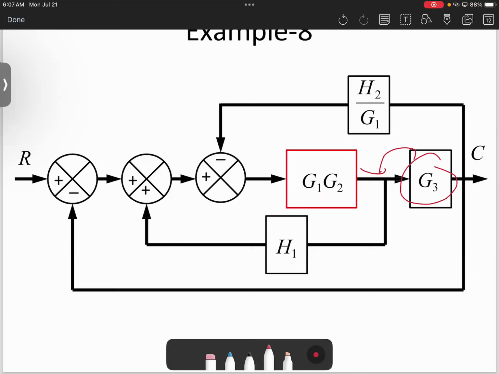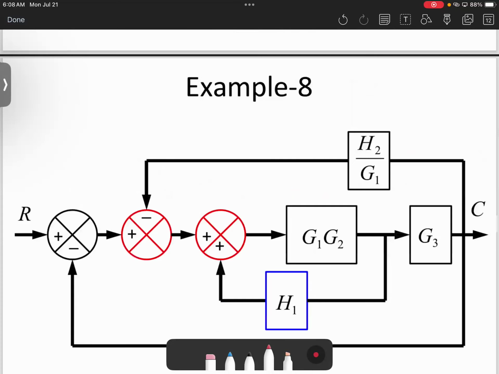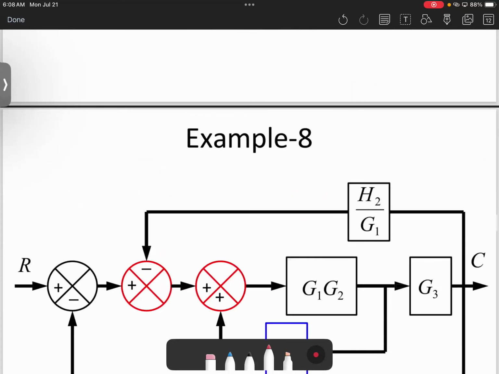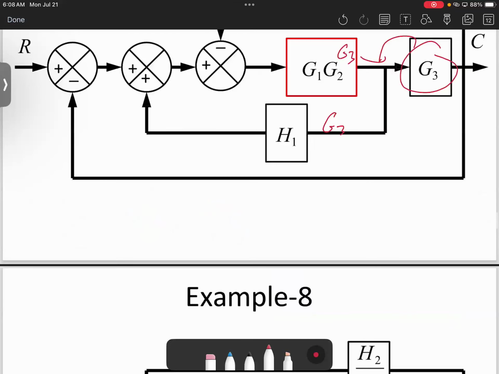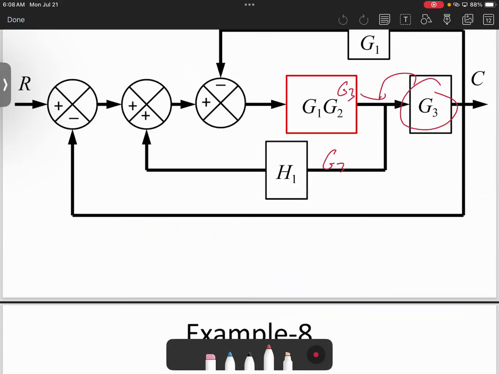Actually, when we move it here, this will be multiplied by G3, or divided by 1 over G3, or multiplied. I think multiplied by G3 because I'm moving it here. H, did we move it or no? We swapped these two. Okay, no problem. There is no problem.